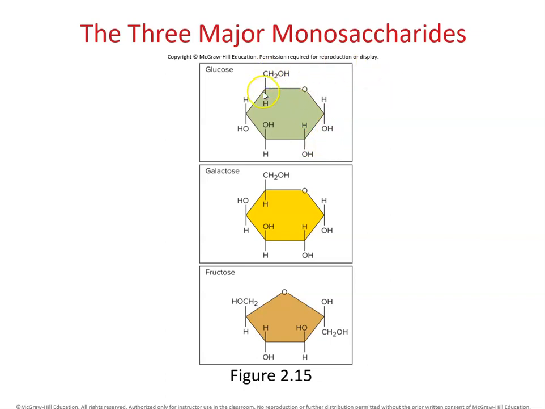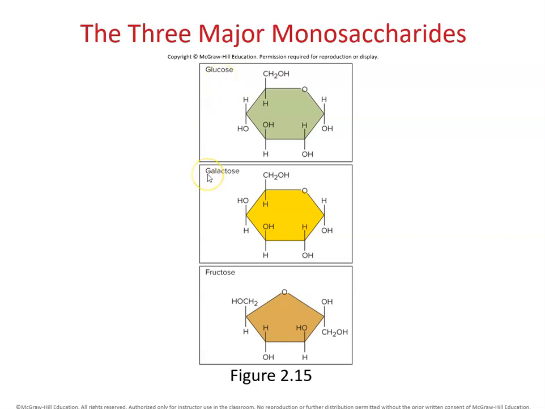What you need to remember is each one of these corners is also a carbon, and it's unwritten because it's hard to write a letter on a corner. So we have 1 carbon, 2, 3, 4, 5, and 6. And this one we call glucose.